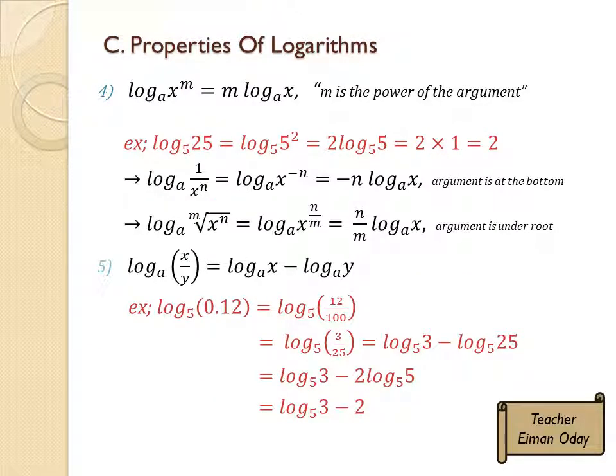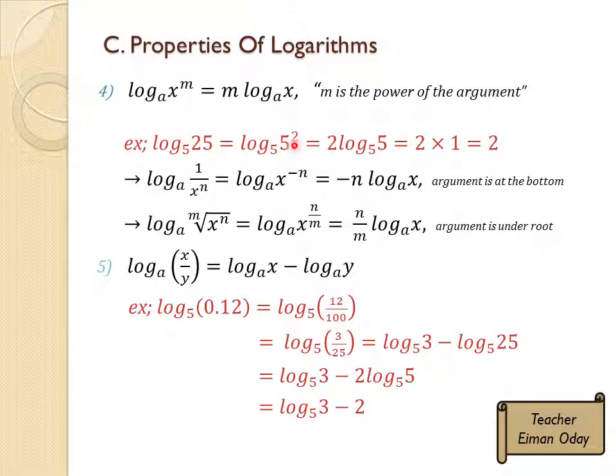The fourth property: if we have the argument raised to a power, I can just take the power and put it beside the logarithm. When I have logarithm x power m, it equals m multiplied by the logarithm of x for any base a. So for example, if we have logarithm 25 to base 5, I just write 25 as 5 power 2.